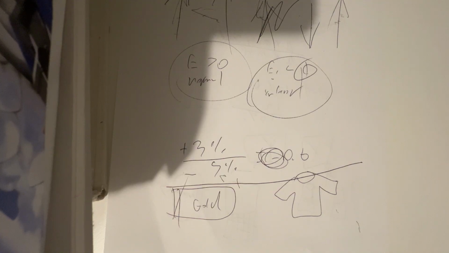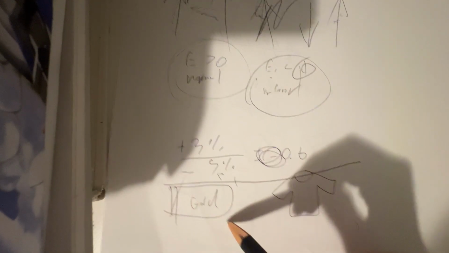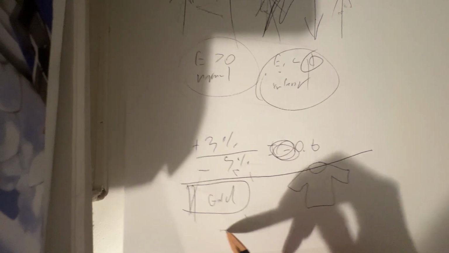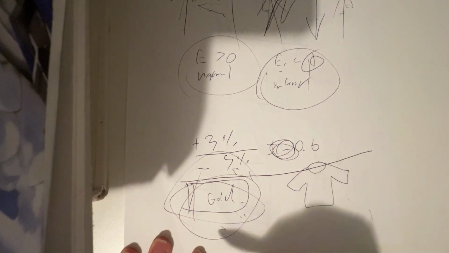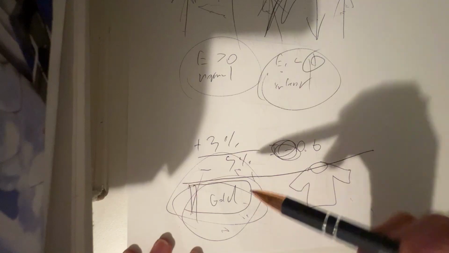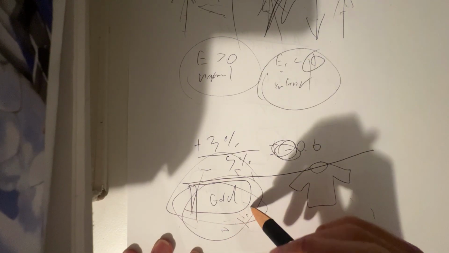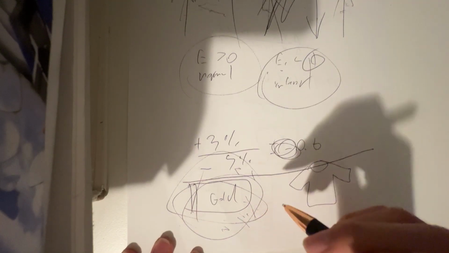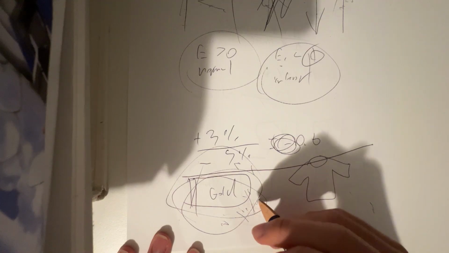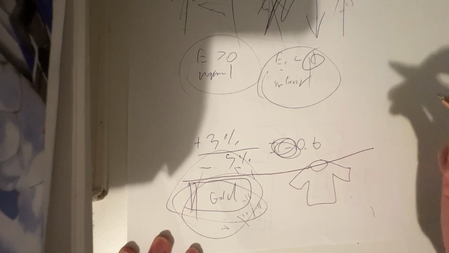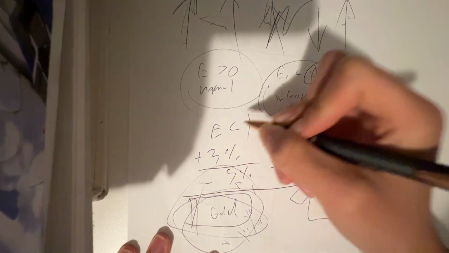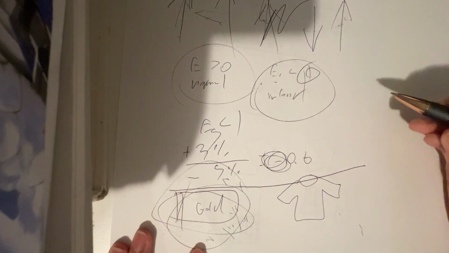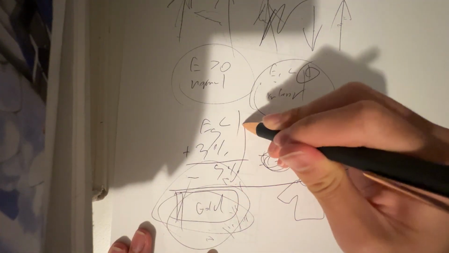If they're really slow to produce or they're limited, like gold bars, which are valuable because they're limited, then suppliers can't just quickly increase the output, even if the price suddenly becomes really high. That's E less than 1. Gold is inelastic.